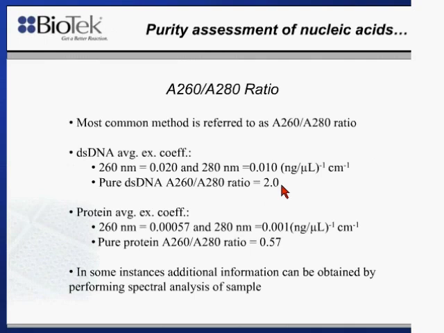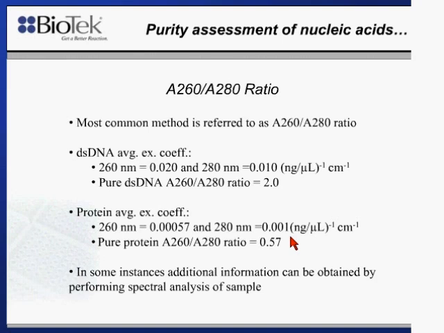And similarly, if we look at the average extinction coefficients for protein, here we would expect a pure sample to have a ratio of about 0.57. And so typically when folks read absorbance and look for quantification of those samples, they'll run several wavelengths, often a reference wavelength as well at 320, and then they will determine this ratio to make a decision whether or not the sample is pure.